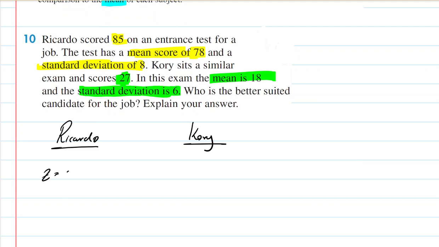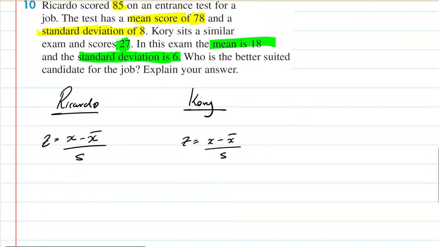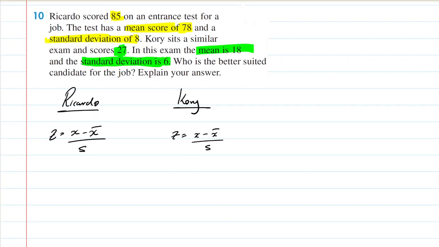For Ricardo, his score is 85, minus the average, divided by the standard deviation. Same thing for Corey: his score, minus the average, divided by the standard deviation. That's just the main formula for the z-score. From there, I've got 85 minus 78 divided by 8, and on this side 27 minus 18 divided by 6.